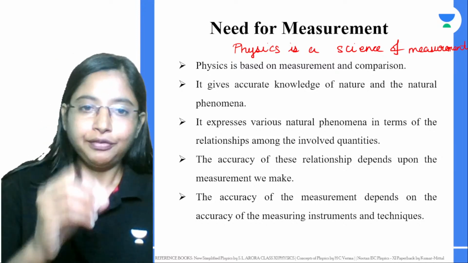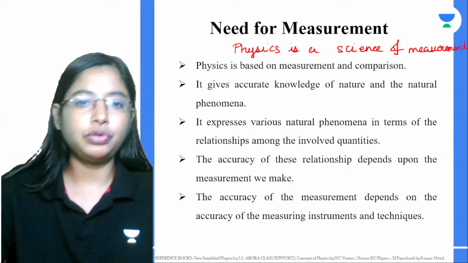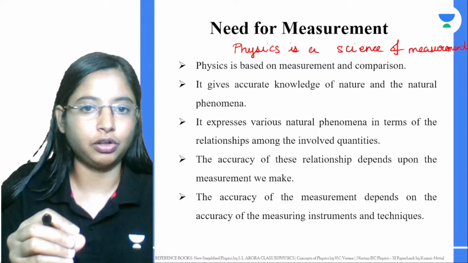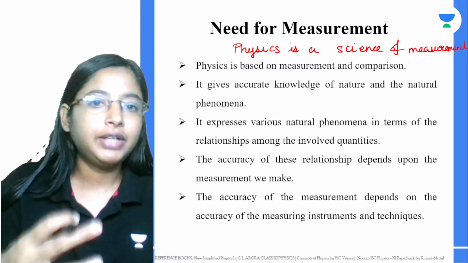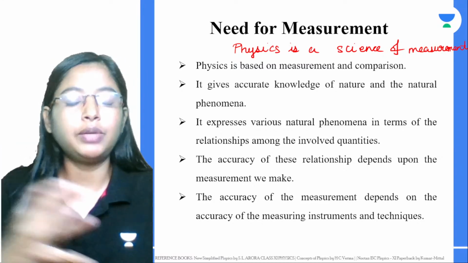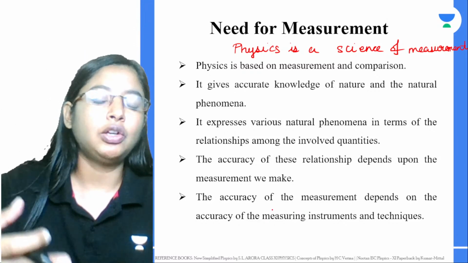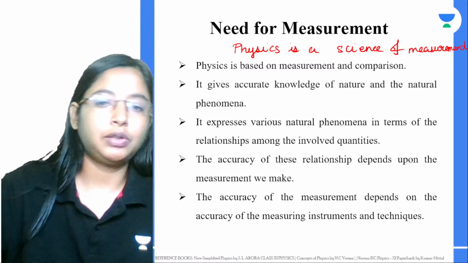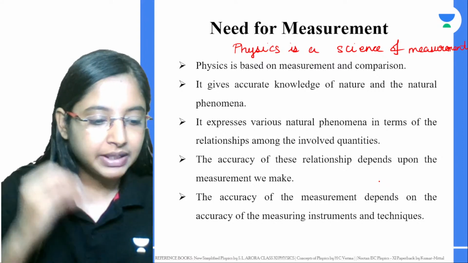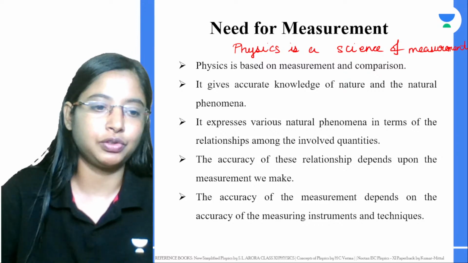If you can say that from my home to the school the distance I'm walking is 5 kilometers, then you know something about that quantity. When you can give it in numbers, you can relate it with some other quantity as well. Now that you know the distance from your home to school, you can calculate the distance from your home to the shop nearby. Whenever you can express any quantity in numbers, it means we know something about it.